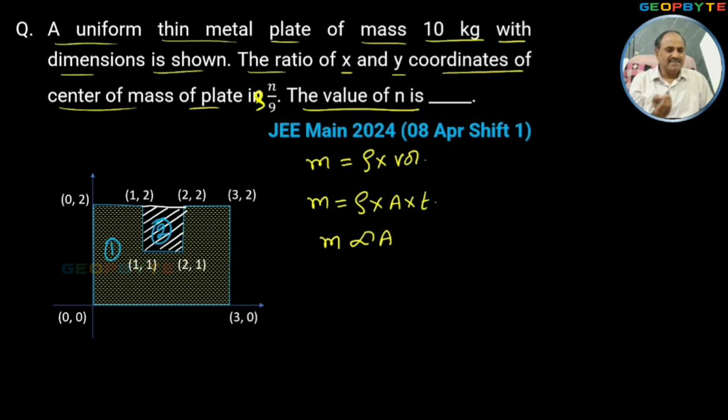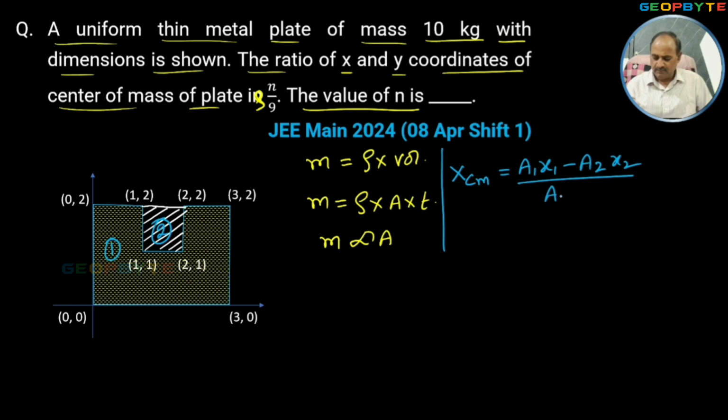So block 2 is removed from block 1. Therefore, the center of mass about the x-axis, xcm, I can write in terms of area as (a1 x1 minus a2 x2) by (a1 minus a2).